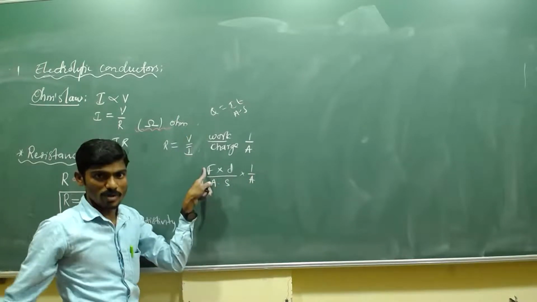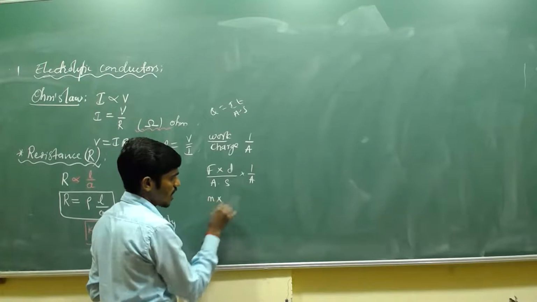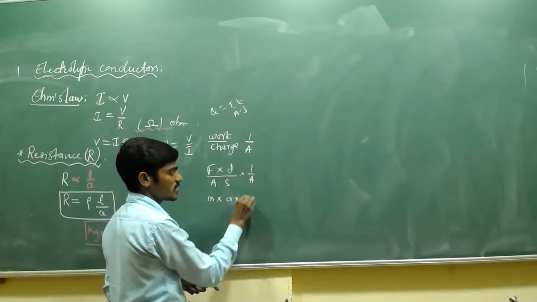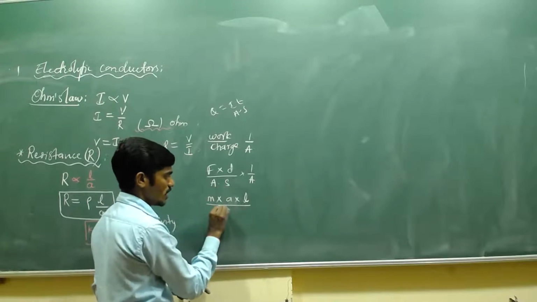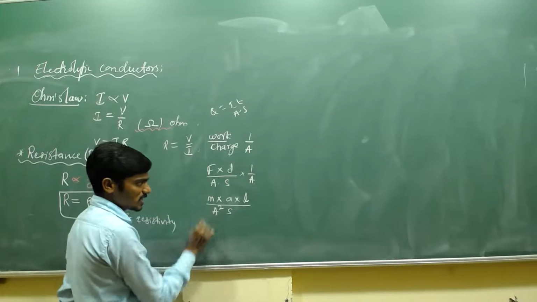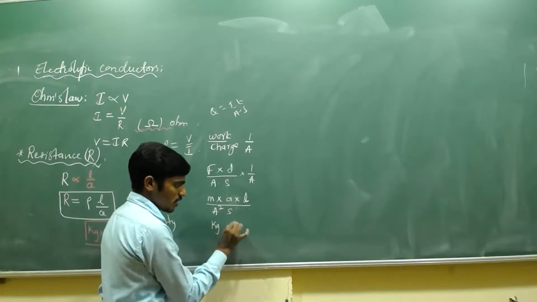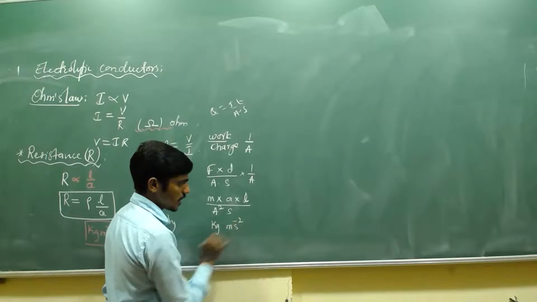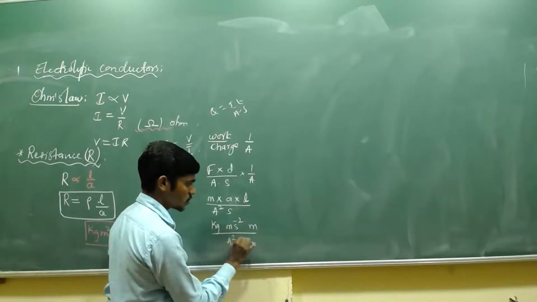Force F equals mass into acceleration. The unit of mass is kg, acceleration is meter per second square, and distance, that is displacement, is length in meter, divided by ampere square.